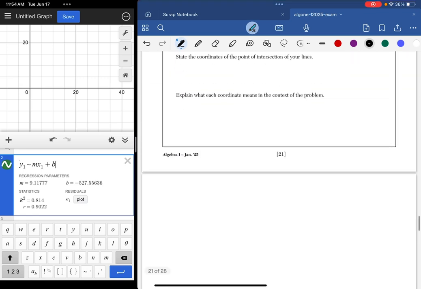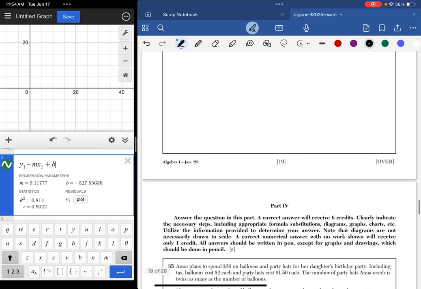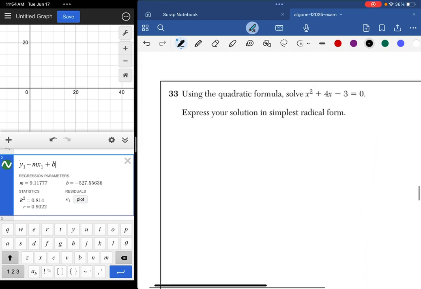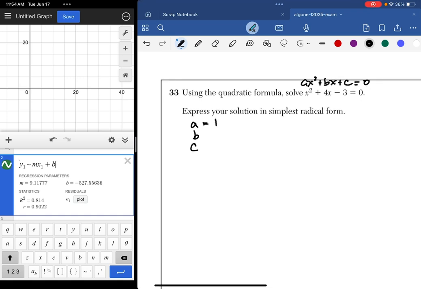Here we're asked to solve using the quadratic formula. So we identify our a, b, and c values. Remember, it's ax squared plus bx plus c equals 0. a is equal to 1. b is equal to 4. c is equal to -3.